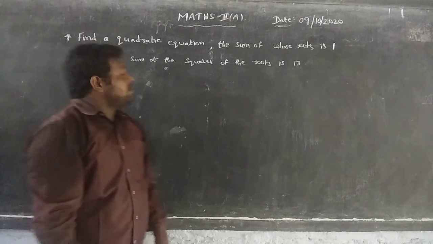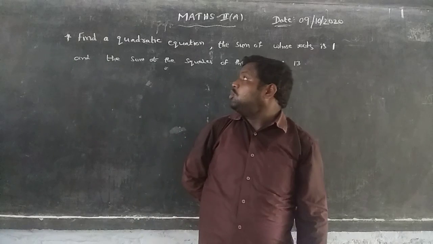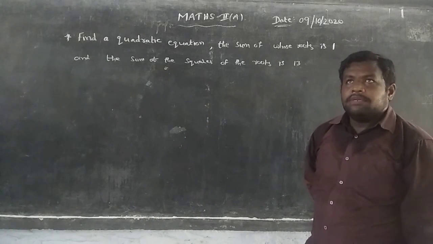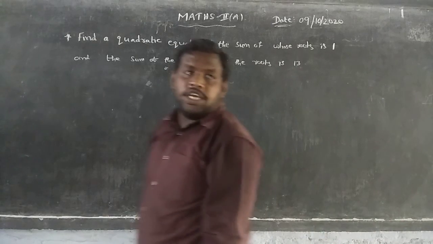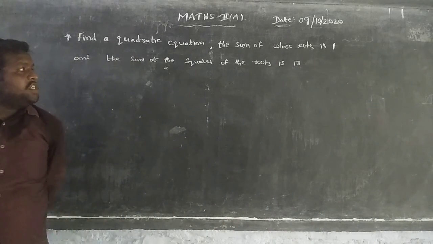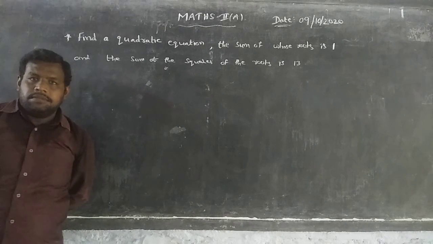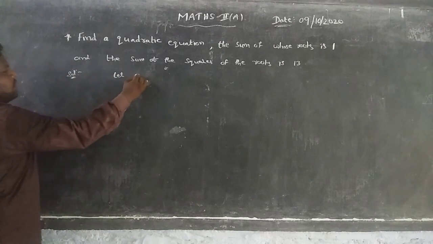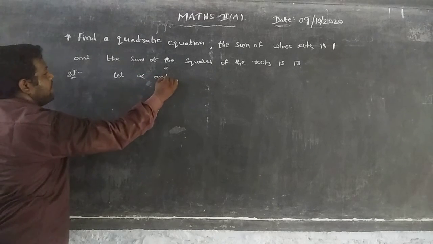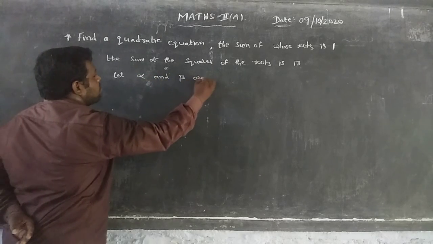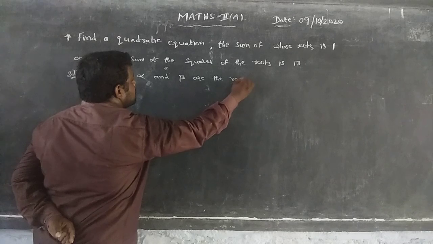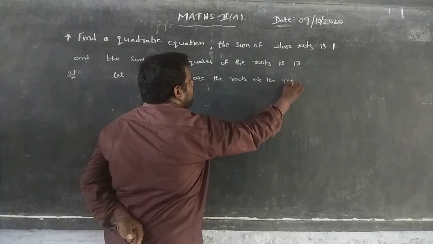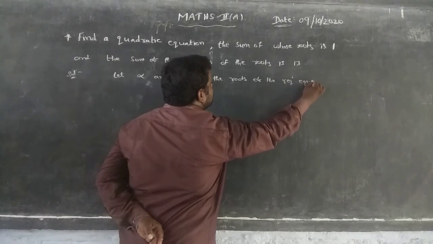Okay. What is the given question? We need to find a quadratic equation. What is the given condition? The sum of whose roots is 1 and the sum of the squares of the roots is 13. In this problem, let alpha and beta be the roots of the required equation.